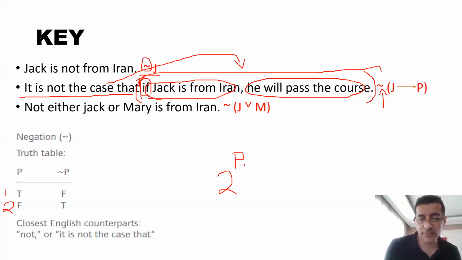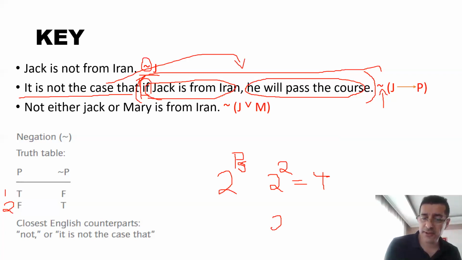So I'll just write PS to say that. If you have one proposition only, it becomes 2 to the power of 1, which is 2. If it is 2 to the power of 2, that would be 4, right? So it means we'll have 4 rows, and so on and so forth.